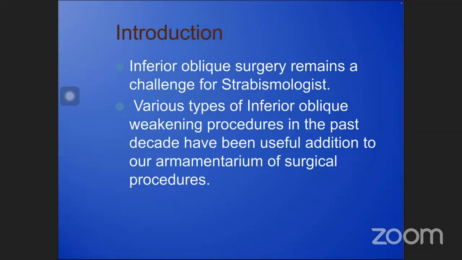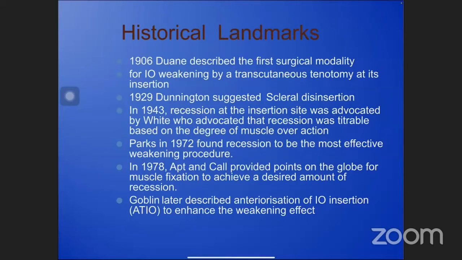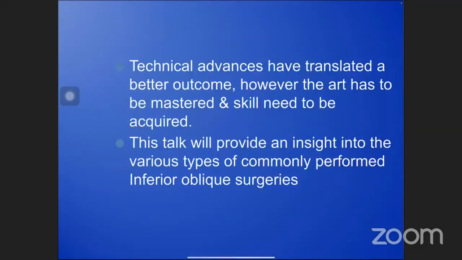These historical landmarks have already been described. Technical advances have translated to better outcomes. However, the art has to be mastered and skill needs to be acquired. And I will provide an insight into the inferior oblique recession surgery by Hangback technique.